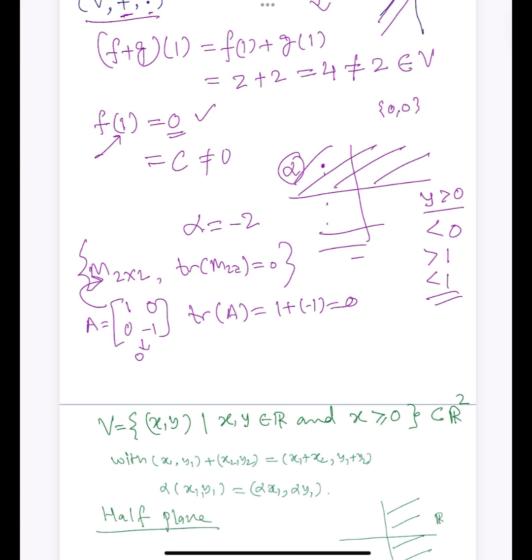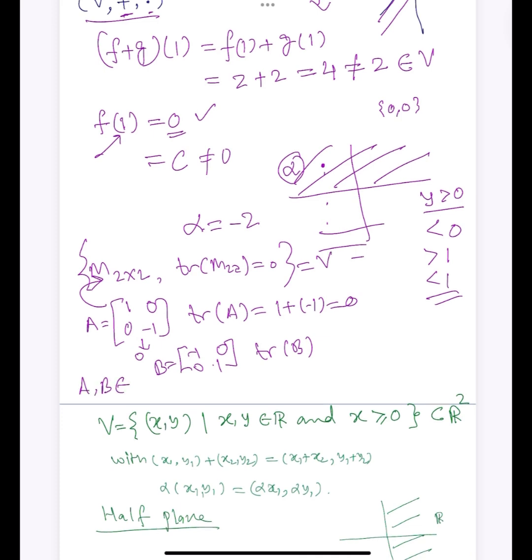Now I'm going to construct a B matrix, which is -1 0 0 1. Again the trace of B is 0. So A and B both belong to V. But what about A plus B?